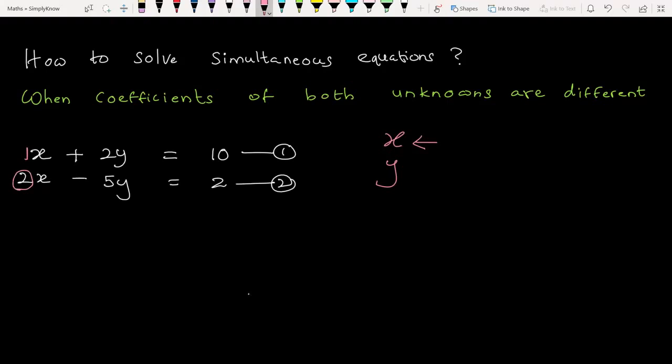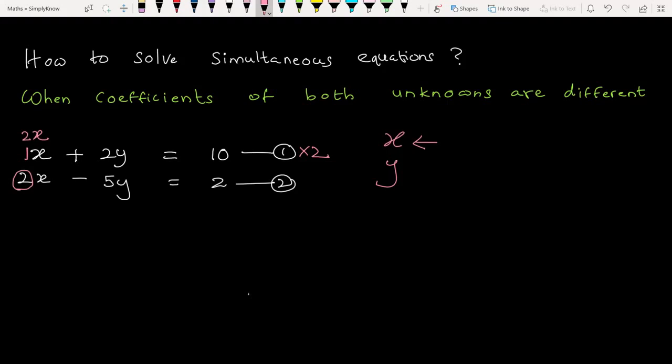So how can I make them equal? If I multiply the first equation by 2, I can easily take 2 here. x times 2 is 2x. So I can easily equate the two coefficients of x.